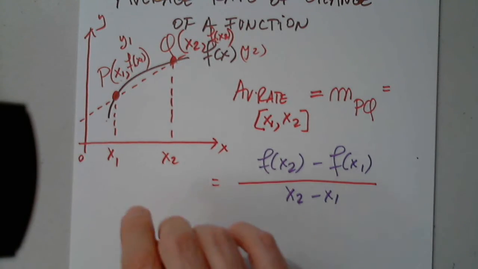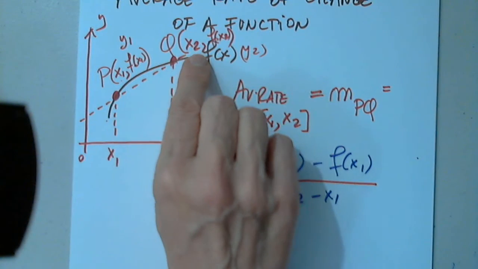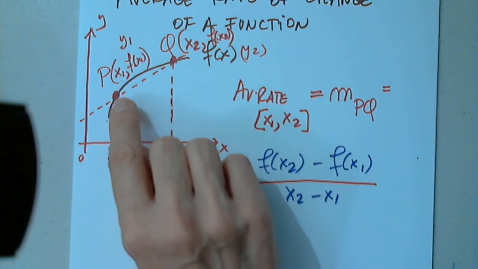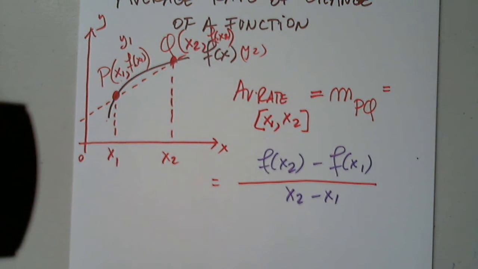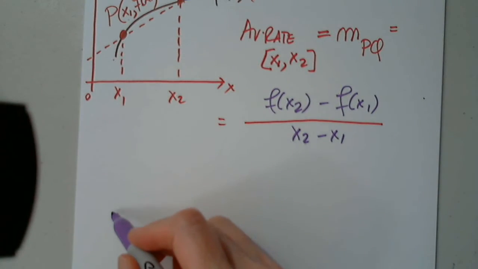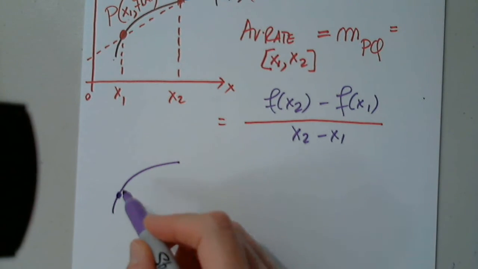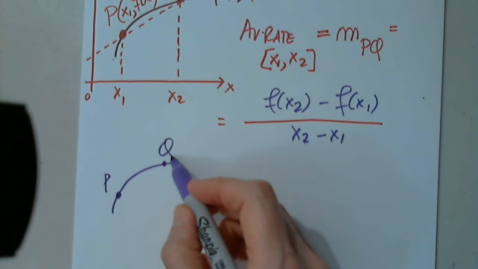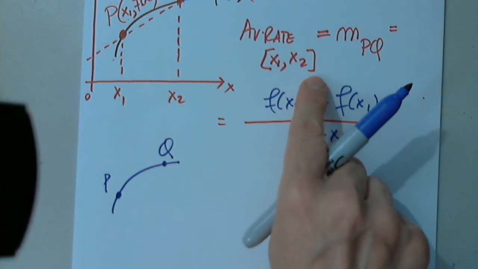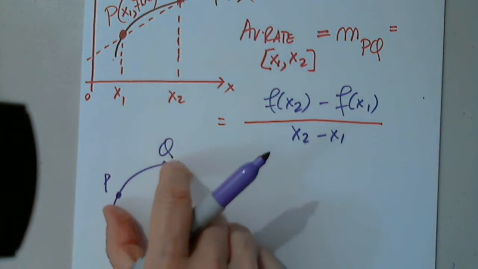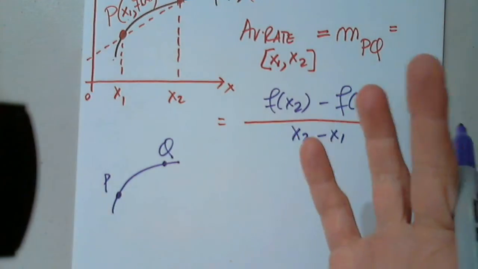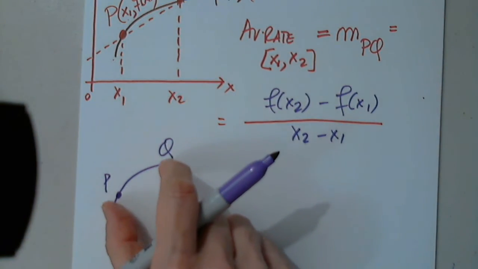However, when I'm in the middle of my trip and you call me and you say, tell me what your odometer says at that instant. Okay, so if I have this function from P to Q, I find the average speed on that interval.